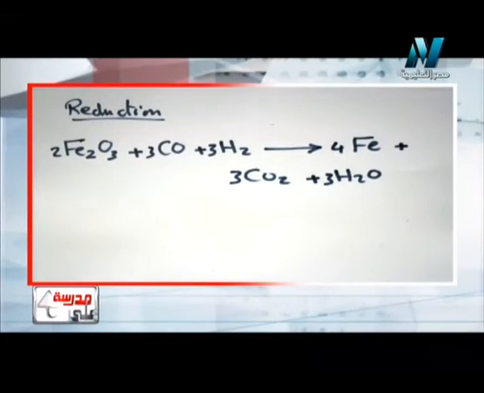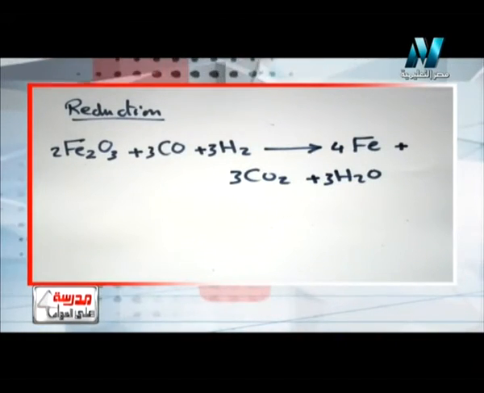We said that after dressing, all types of ore are converted into Fe2O3. Fe2O3 can be reduced using water gas, which is the mixture of carbon monoxide and hydrogen, as in Midrex. And we can use carbon monoxide as a reducing agent as in the blast furnace.